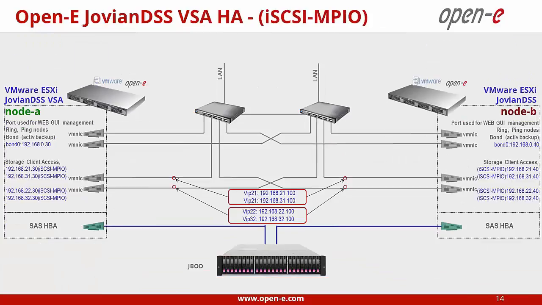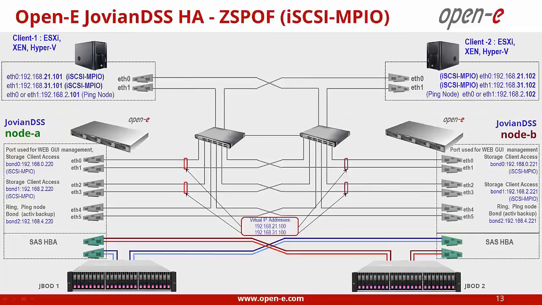And one more chart. The difference here is that VMware and Jovian are running on the same machine. I will come back to that. So here you see I have a Jovian running on the node, and the ESX is just on a separate machine or some other virtualization, right? Hyper-V or Xen.